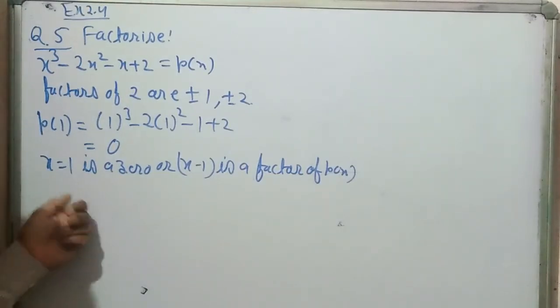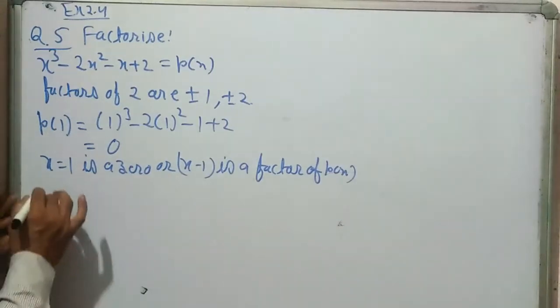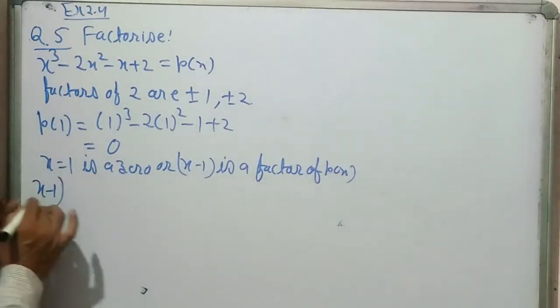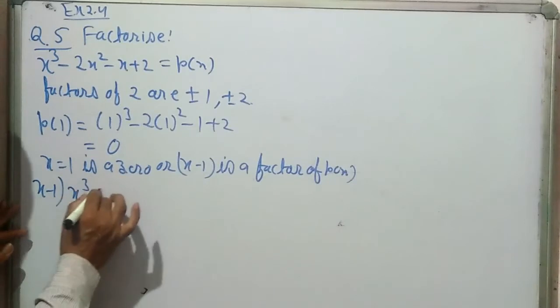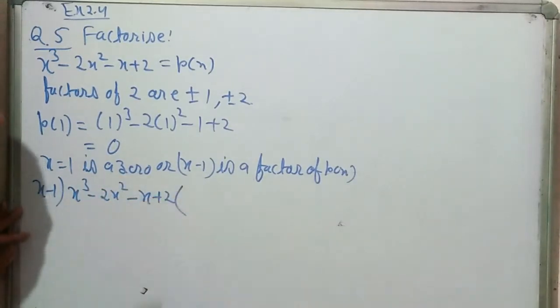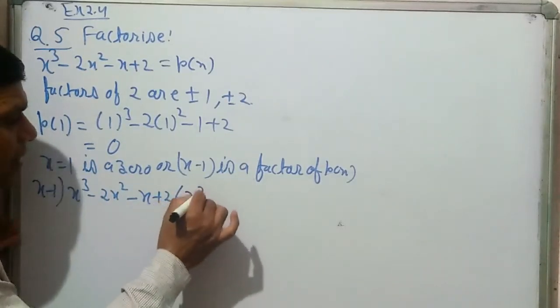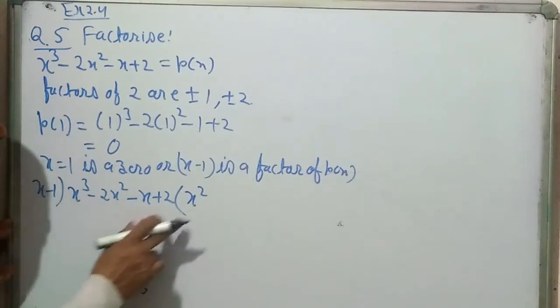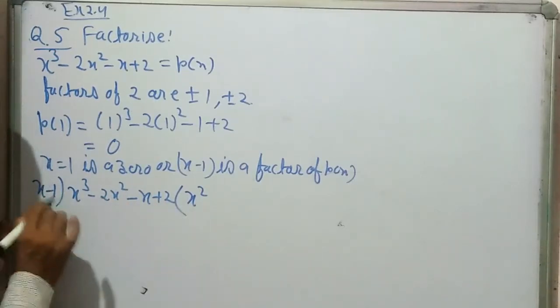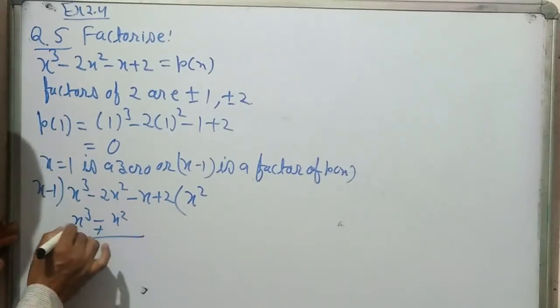What can we do? We can divide the given polynomial with it. So we divide x cube minus 2x square minus x plus 2 with x minus 1. X cube upon x is x square. Now you must be comfortable with this division method. What we get is x cube minus x square. Cancel.